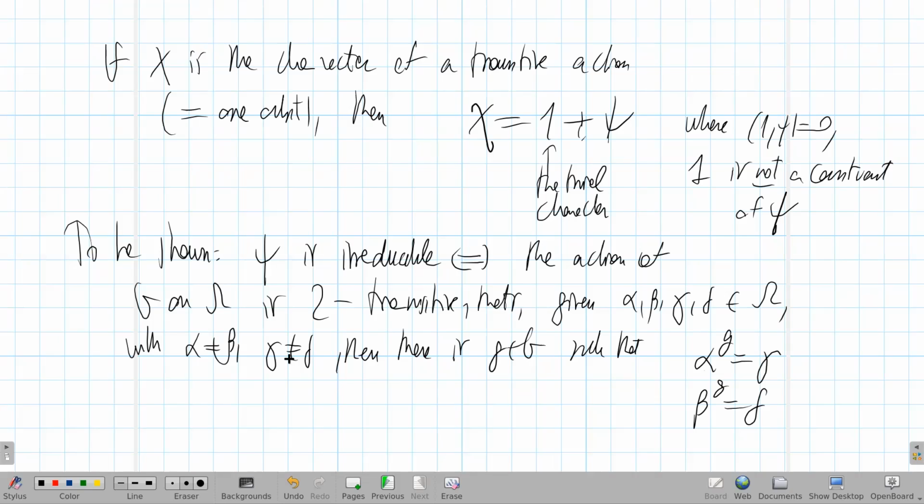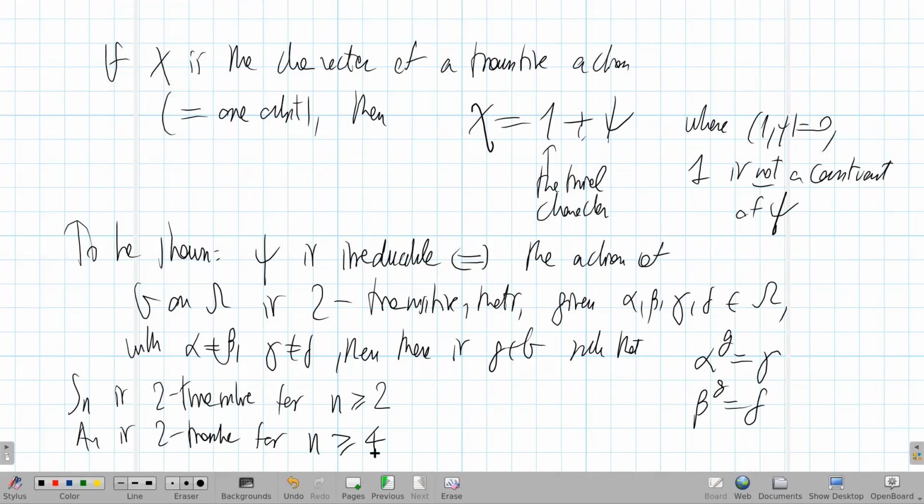And the important point that we will recall tomorrow is that S_n is 2-transitive for n greater than or equal to 2, and A_n is 2-transitive for n greater than or equal to 4.